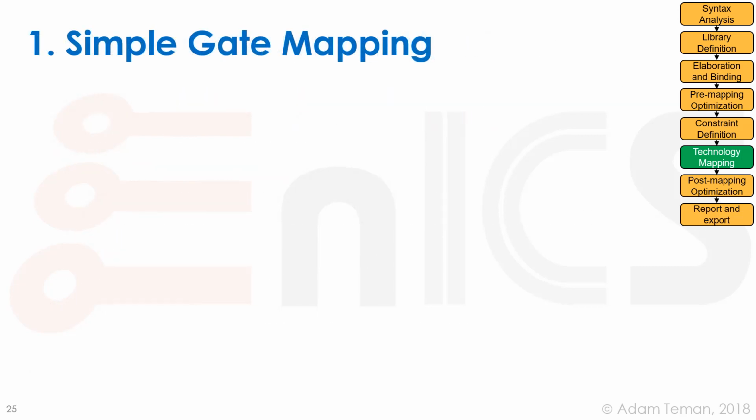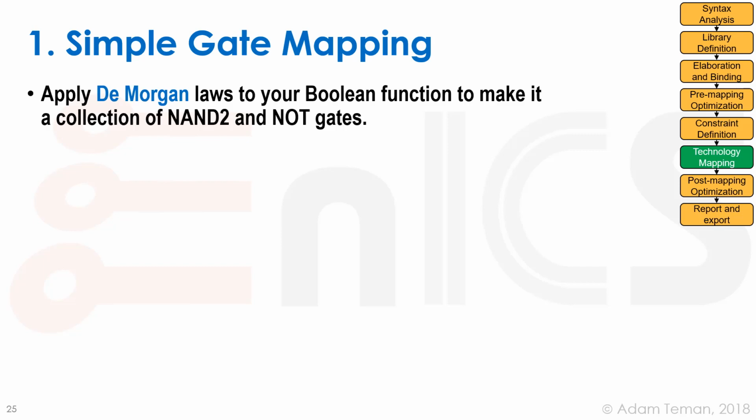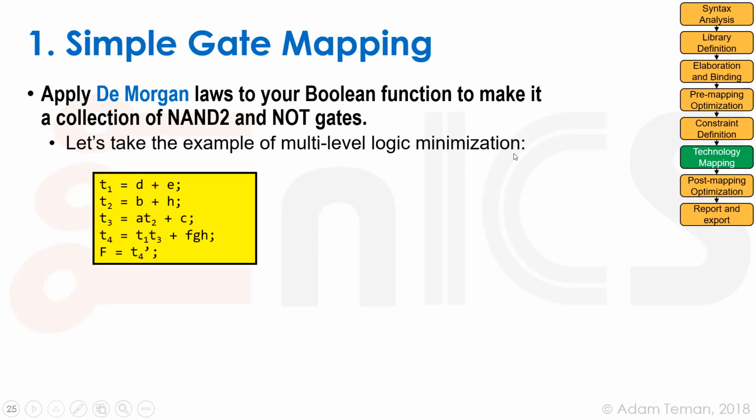So the first step we said is simple gate matching. What we have to do is take our whole Boolean function, or our whole combinatorial network, and apply De Morgan to turn it into 2-input NANDs and NOT gates. Okay, so this is the function that we arrived at before after we minimized our multi-level optimization with all these t's and f's and so forth.